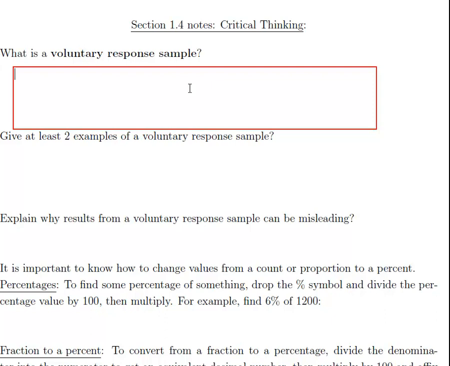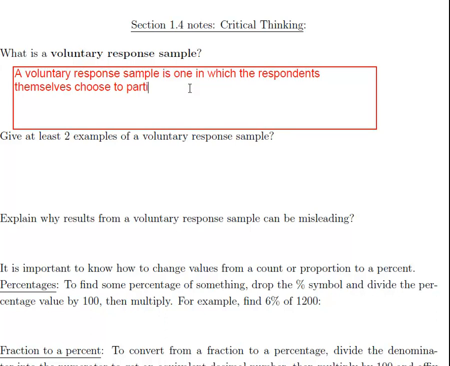In a mail-in survey or internet survey where people are given a choice, most people probably won't participate, but some people do. So a voluntary response sample is one in which the respondents themselves choose to participate.